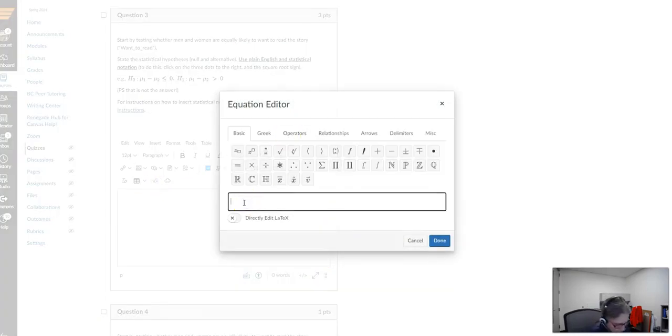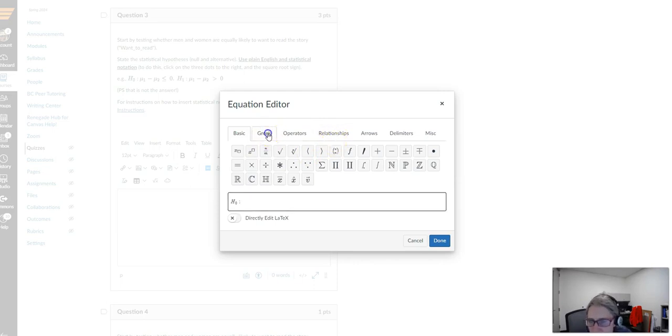In this you're going to do H, that's for hypothesis. Click on this little subscript, 0. We're going to start with the null hypothesis. After we do this, we need to click the right arrow on our keyboard to get out of the subscript. Put a colon. Here, because it's two-tailed, the idea is that mean 1 minus mean 2 will be equal to 0.